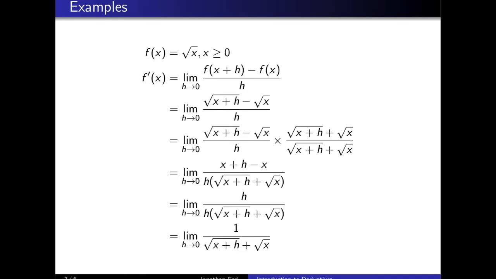Then our numerator is now a difference of squares, which will give us x plus h minus x, and conveniently those two x's will cancel each other away, leaving us with just h in the numerator, which will then nicely cancel with the h that was sitting in the denominator. So we get left with the limit as h goes to 0 of 1 over the square root of x plus h plus the square root of x.